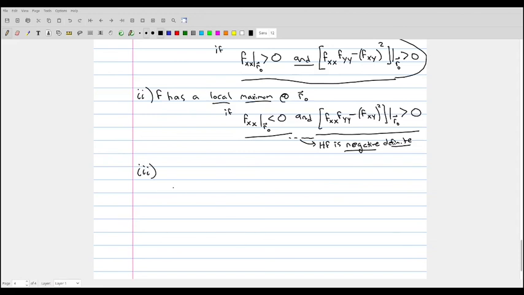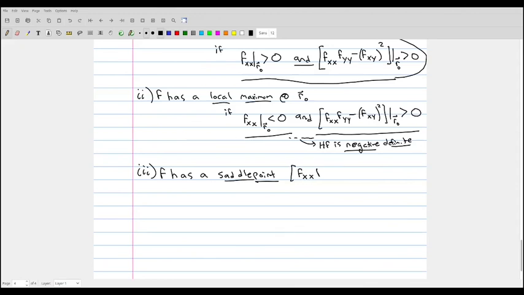So the third condition is that we can actually definitively say that f will have what's called a saddle point. And for this one, we actually only need to do one check.